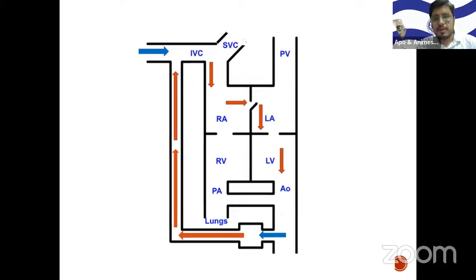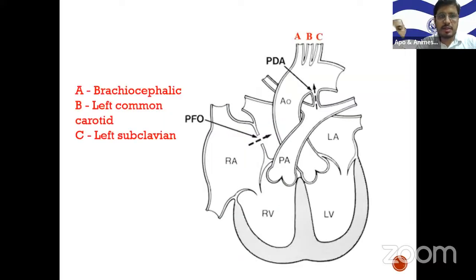From the aorta it goes into circulation, and there is an important thing we have to see, that the ductus arteriosus is in most cases in close proximity to the left subclavian vein. This is important to us because the ductus arteriosus is draining into the aorta near the left subclavian vein.